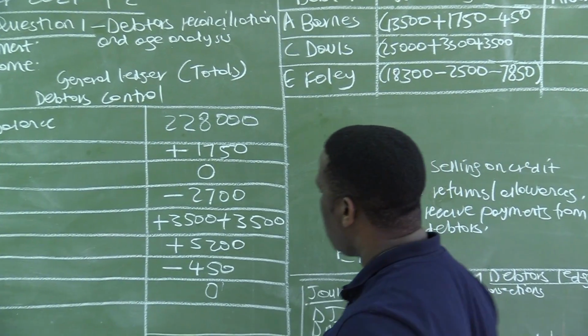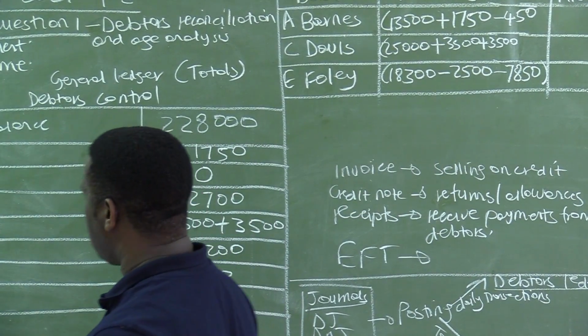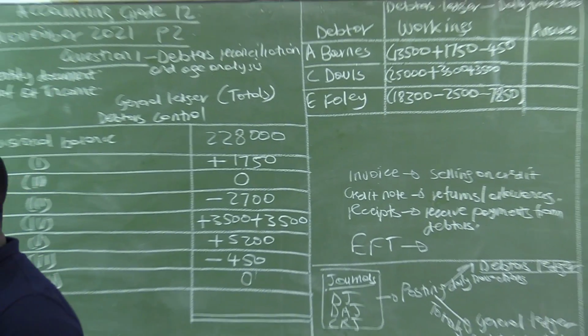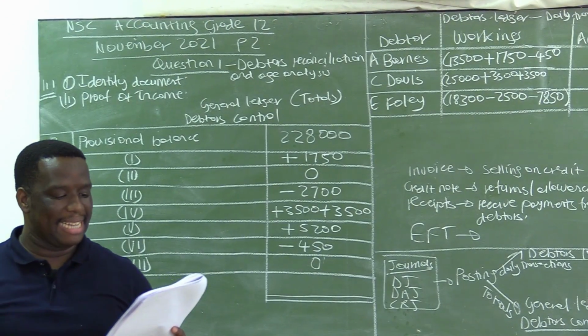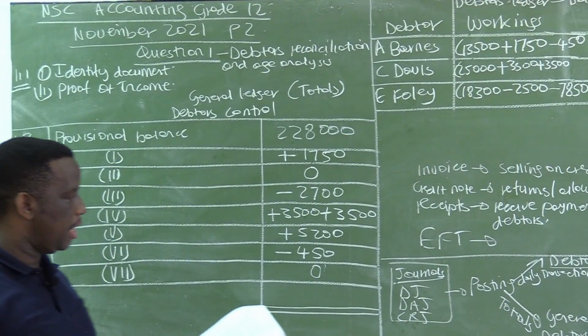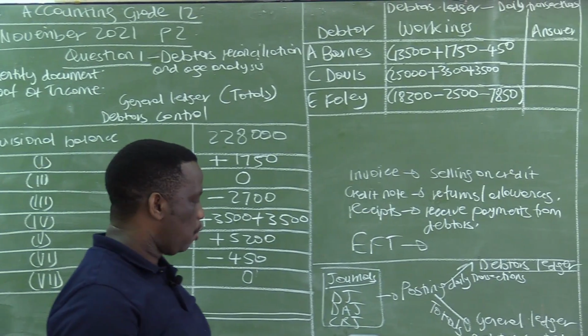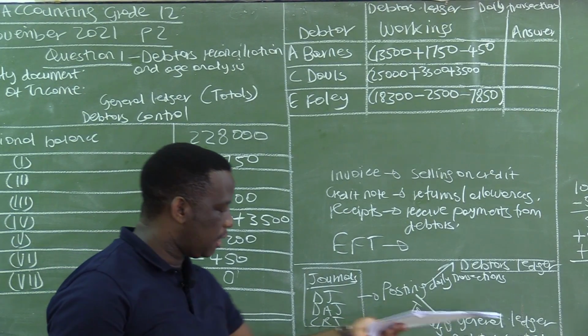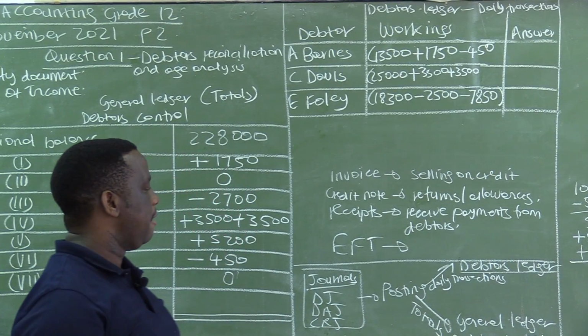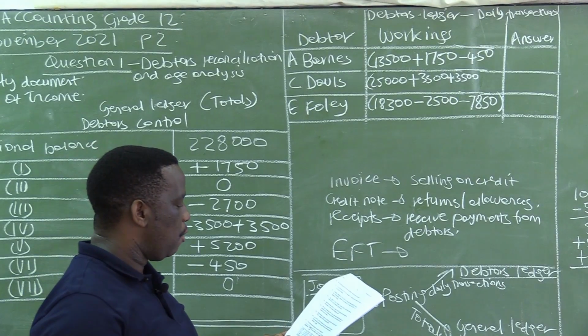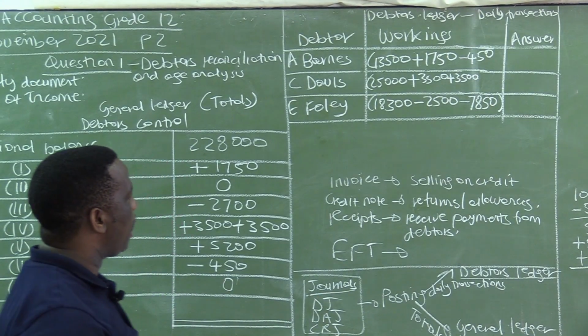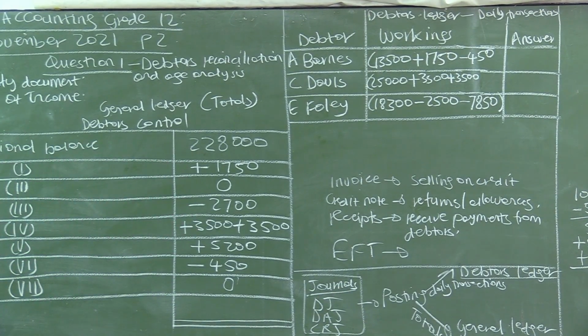Why is this transaction not affecting the control account? It is because we are told that this was entered correctly in the relevant journal. So we assume that the total that was transferred to the general ledger is correct. The only mistake they made here was not to record it in the personal account of a debtor.